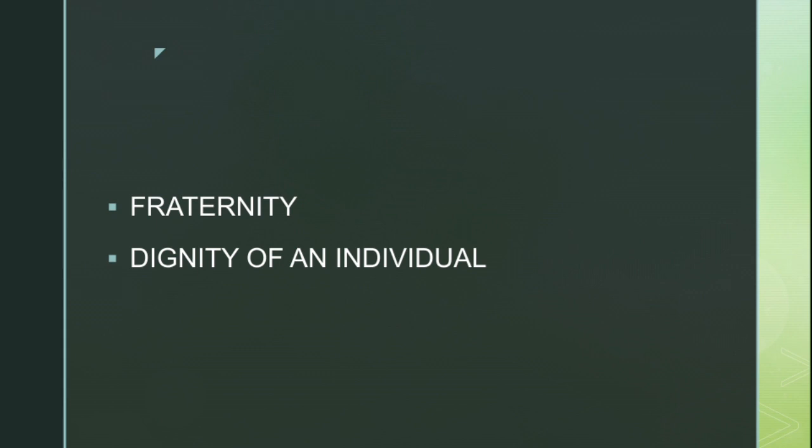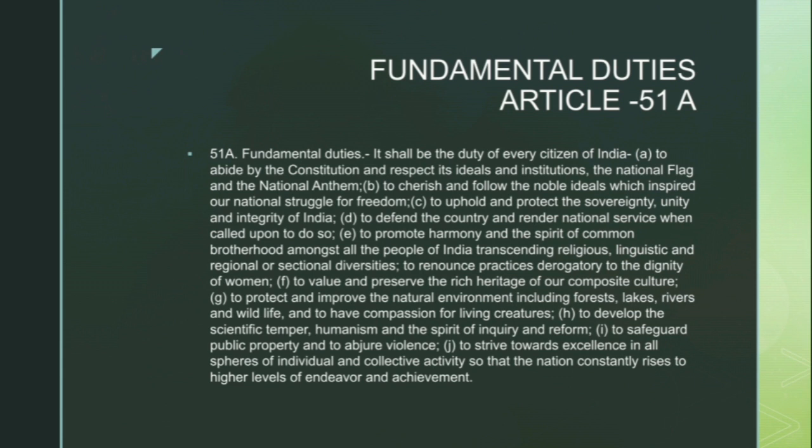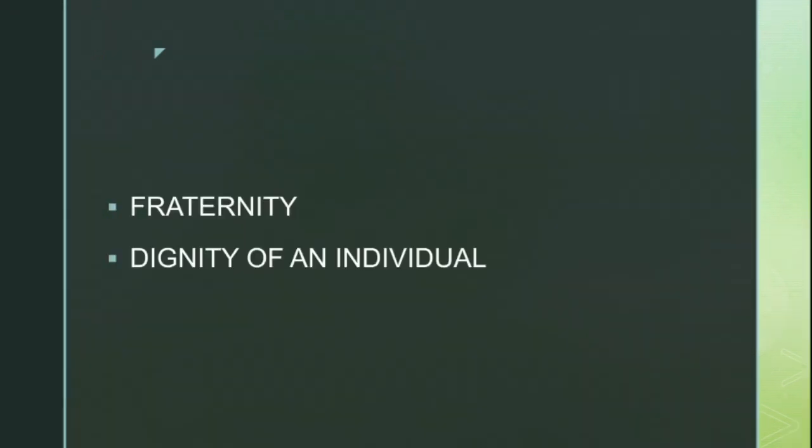So fraternity, though the term has not been explained in the Constitution explicitly, except in one place, that is under fundamental duties. It says common brotherhood transcending the religious, linguistic and other sectional diversity. The term other sectional diversity includes caste, creed, all these things. So that's very important. So fraternity is an Indian flavor gifted by our Ambedkar, because this is not the classical fraternity which is appearing in the French Constitution.